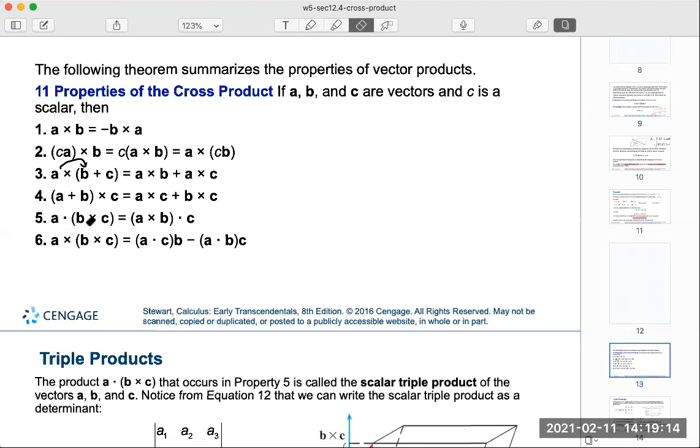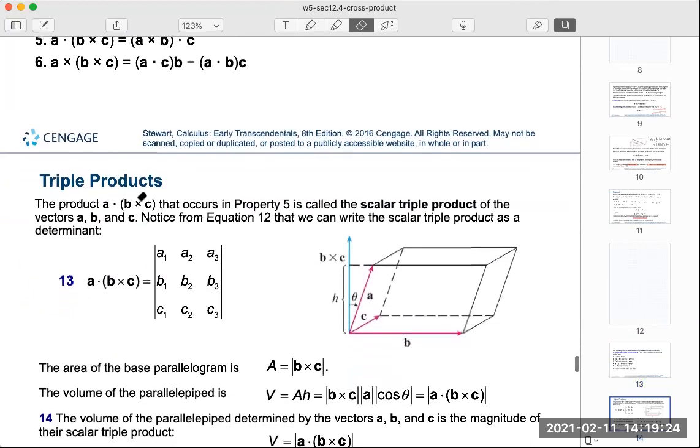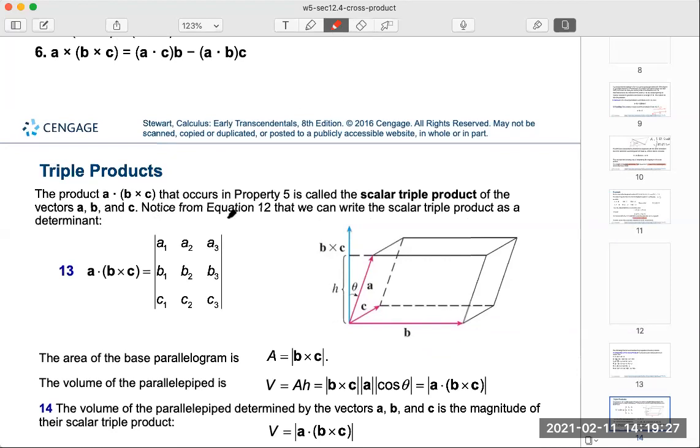Okay. A dot (B cross C) equals (A cross B) dot C. And this one is called the triple product. This is also the determinant of order 3 of vectors A, B, and C. Okay. Look at this. Let us compute B cross C here. B is here, C is here, right?